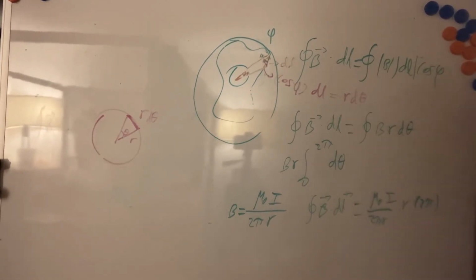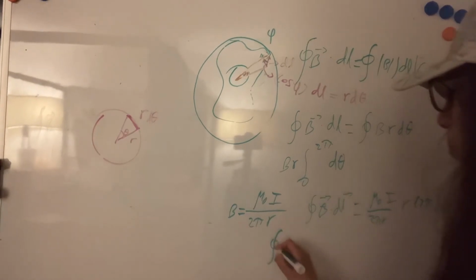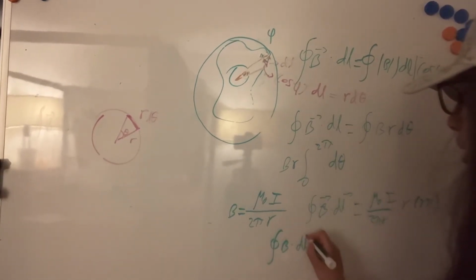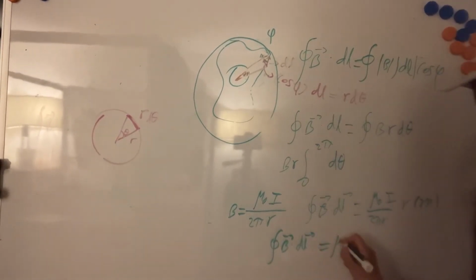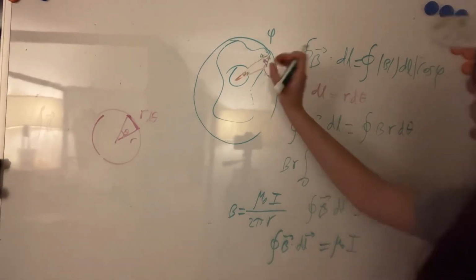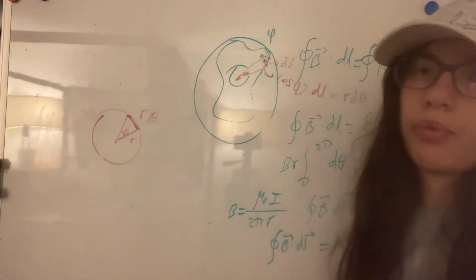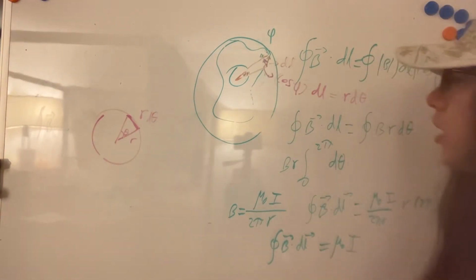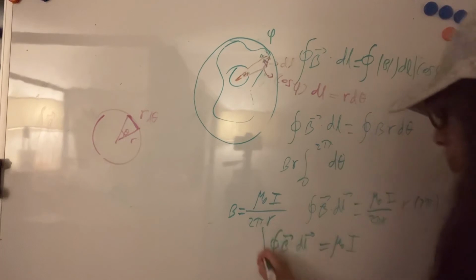So at the end we have that the closed loop integral of B dot dl is equal to the magnetic permeability times the current. The current means the current that is enclosed by the surface, or I prefer the term that is penetrating the surface. And this is Ampere's law.